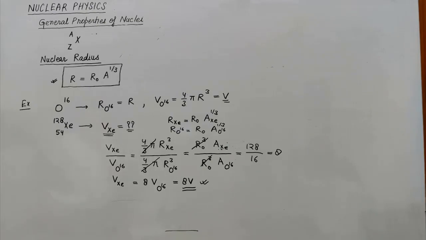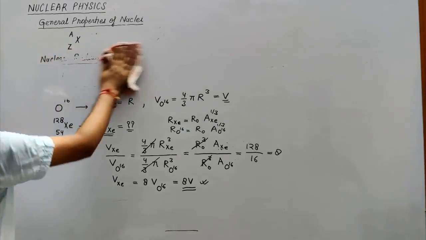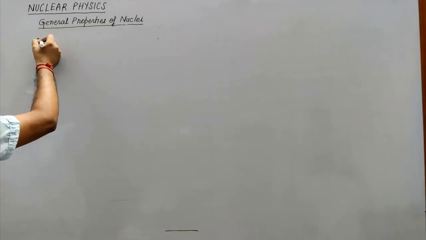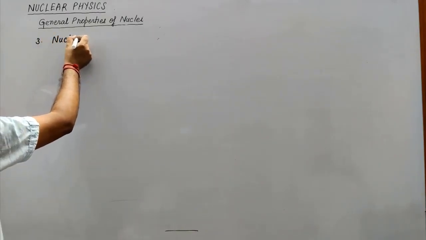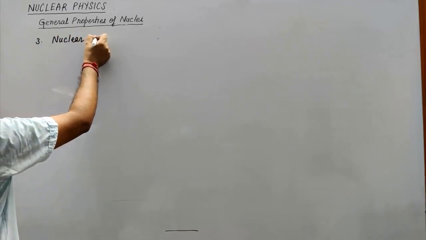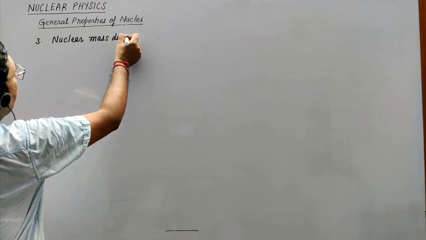Third important property is nuclear density. There are two types of densities. One is known as nuclear mass density.